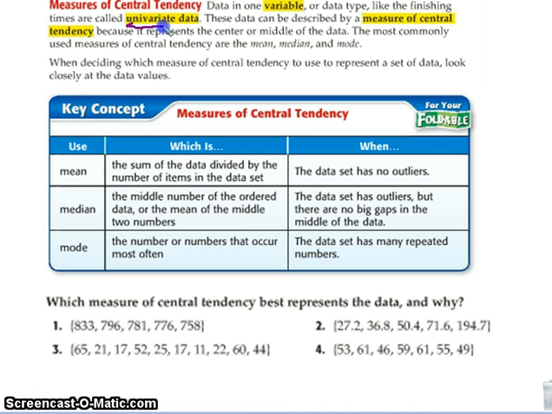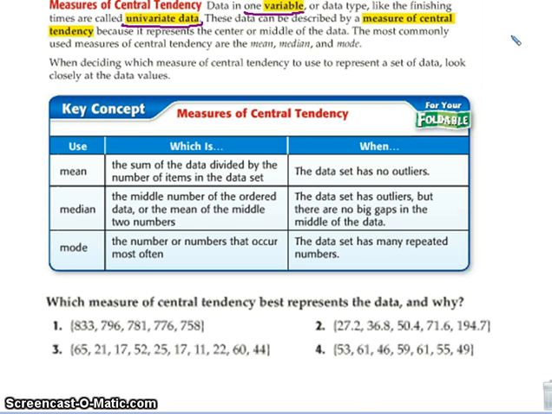If you see univariate data, univariate means one variable. It's not a linear type, it's not a function. You've just got a list of numbers. I would recommend you writing down univariate data means one variable, yes.